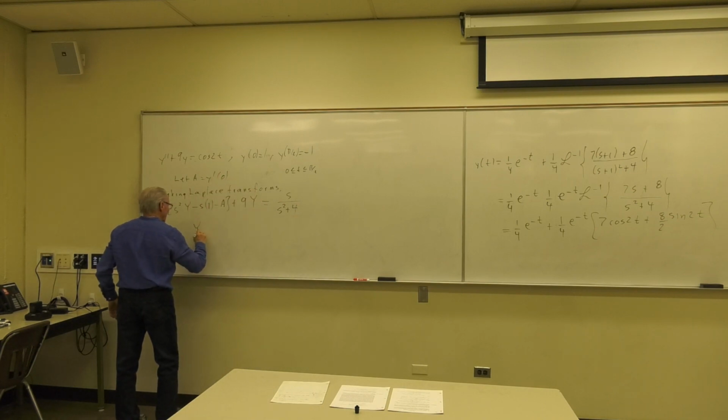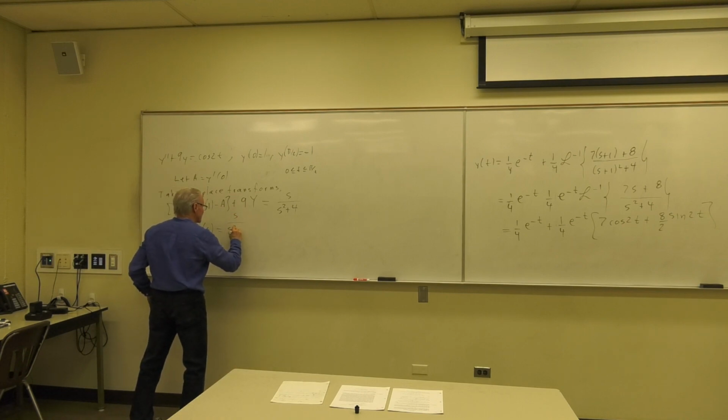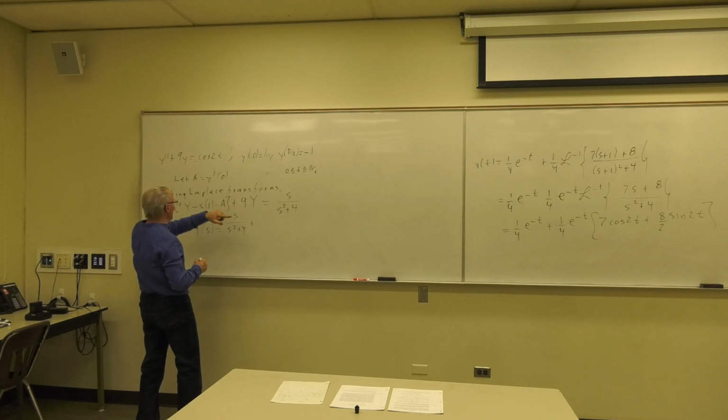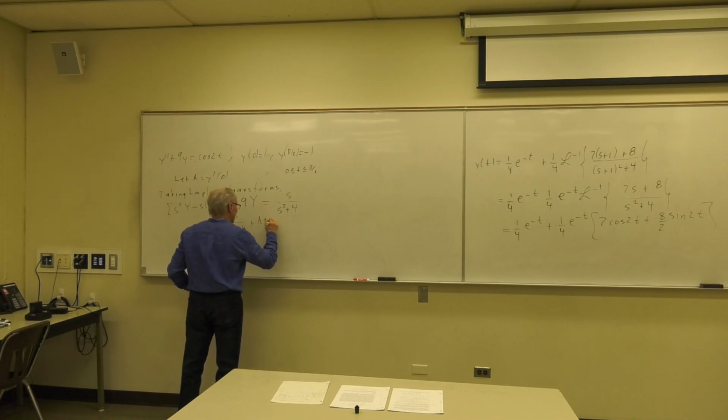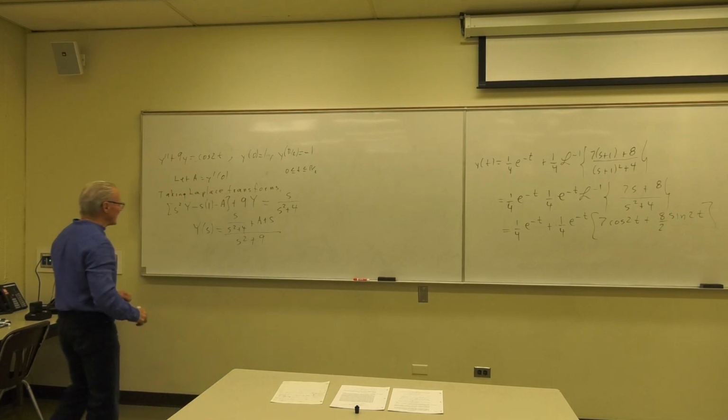Solve for big Y. Big Y is equal to s squared plus 4 plus (a plus s) all over s squared plus 9.